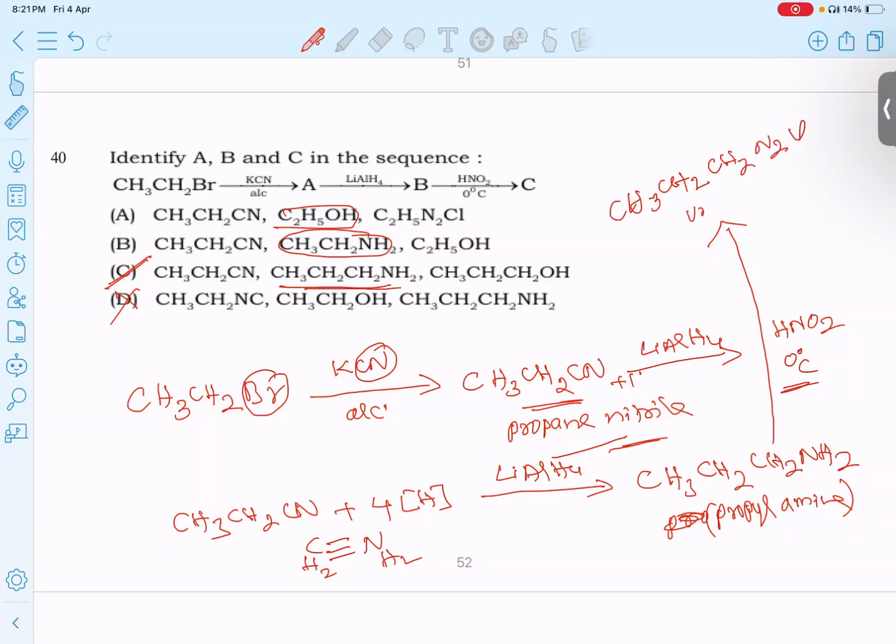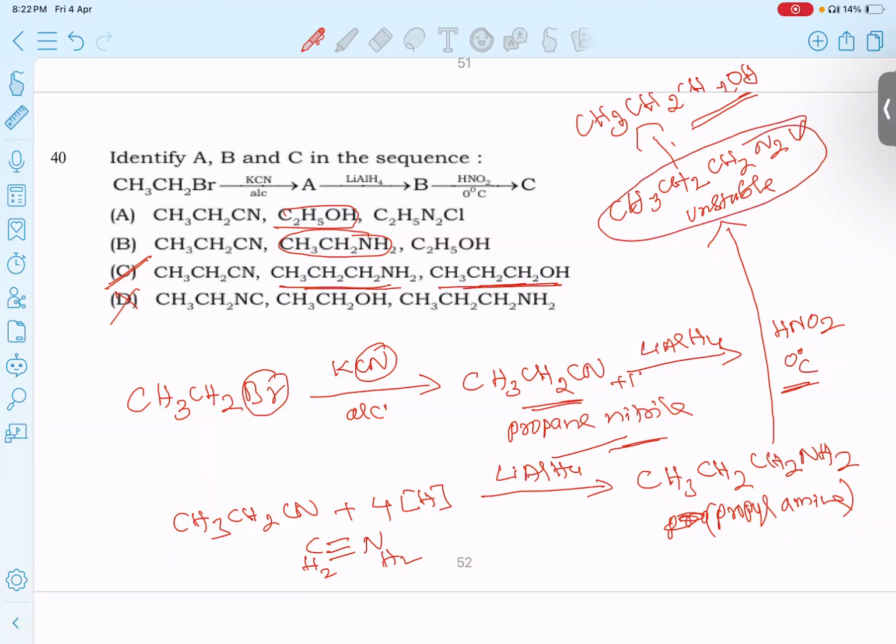This compound is unstable, therefore it undergoes hydrolysis to form the alcohol CH3CH2CH2OH. So that is option C, because aliphatic diazonium salts are unstable compounds that hydrolyze to form alcohol.